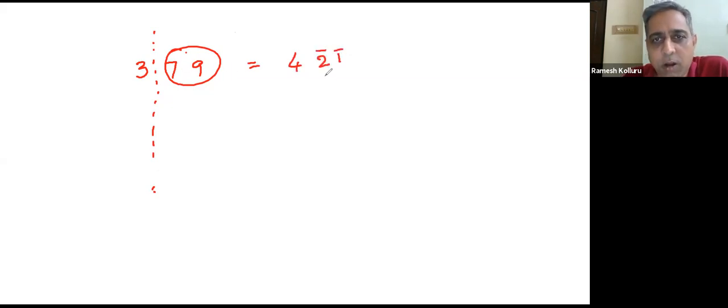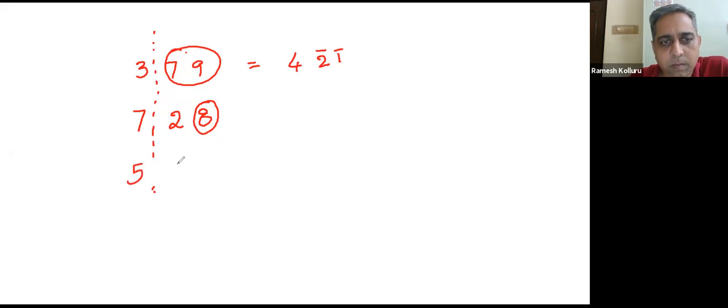So the complement of 79 is 21. This will be increased by 1. Here only this you have to change. Here all the digits are bigger, so these you have to change.